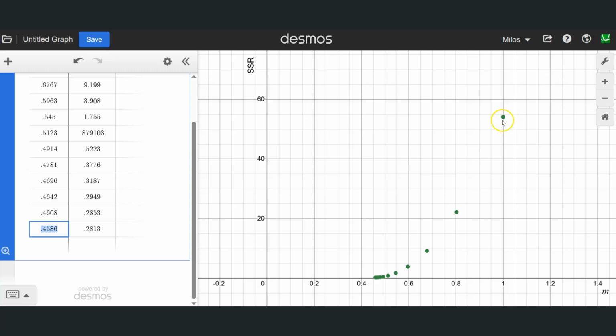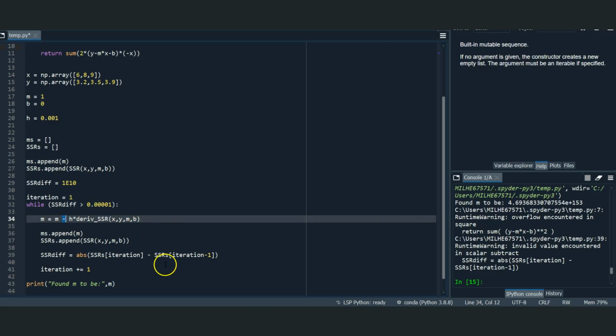And if our slope here were to be negative, well, then we would want to move to the right. So a negative slope times a negative h will give us a positive change in m. So that just handles that, so we don't have to worry about the sign being plus or minus.